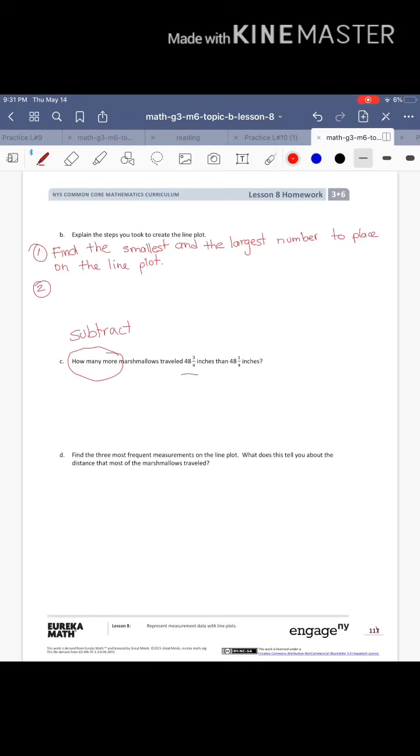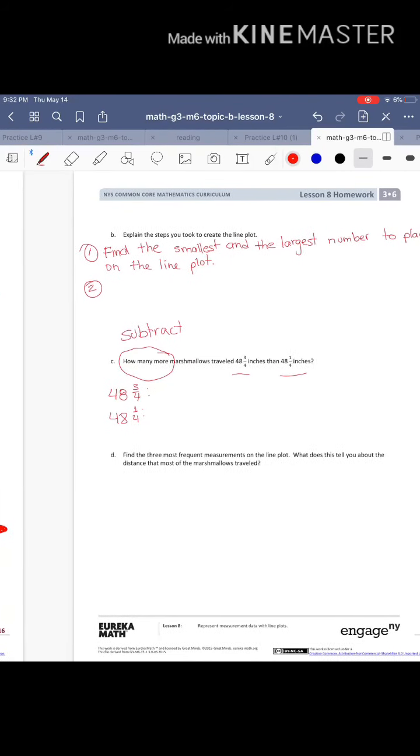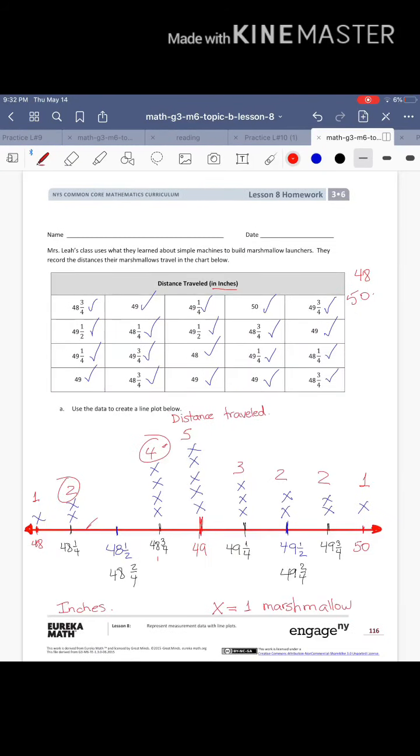So we're going to find the value for 48 and 3/4 and the value for 48 and 1/4. We have to find the value of each one. How many marshmallows are on each one?